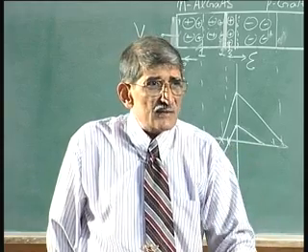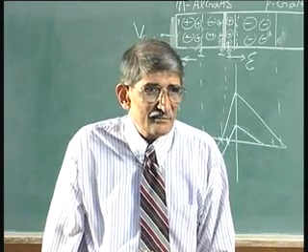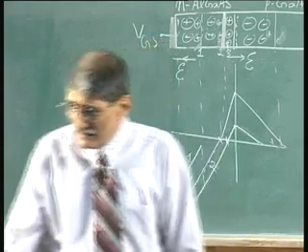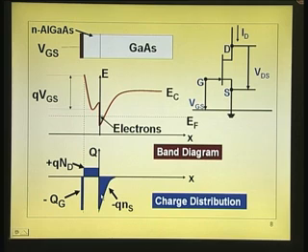I reduce that potential by applying forward bias, and the charge is brought down to a very small value. Whatever extra delta E c was there in the conduction band, I remove it by applying forward bias across this, and the charge will be reduced to 0.